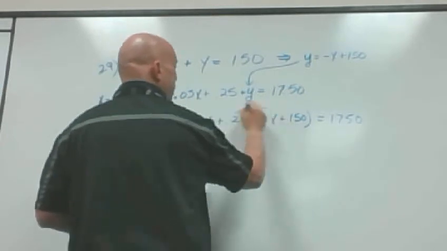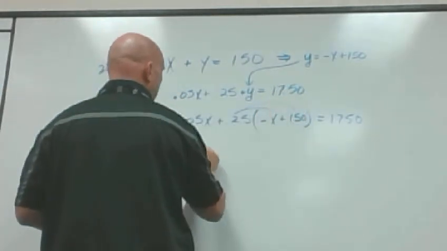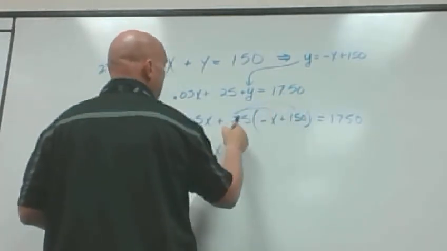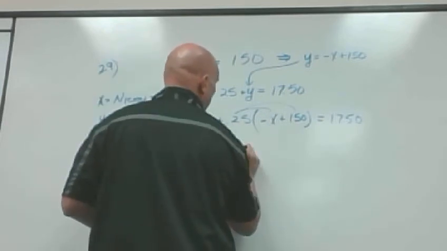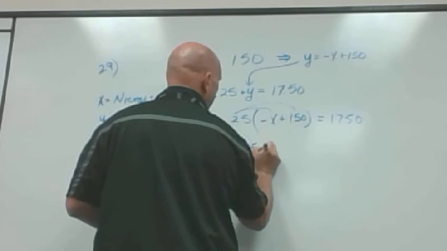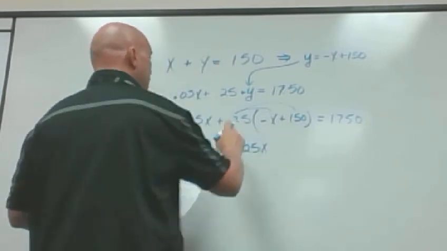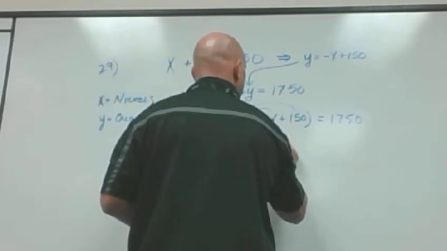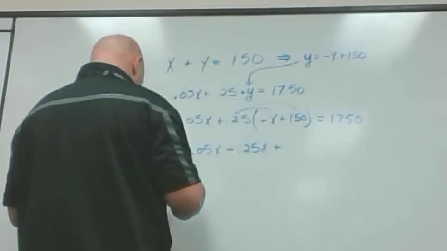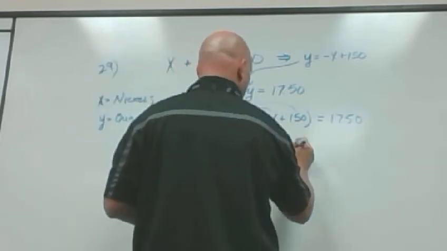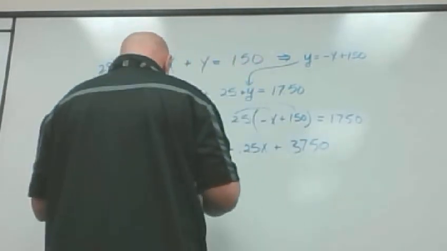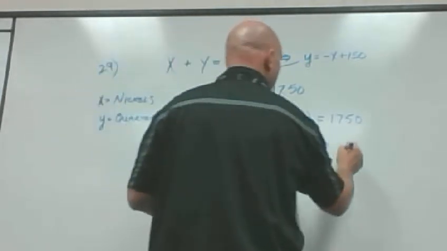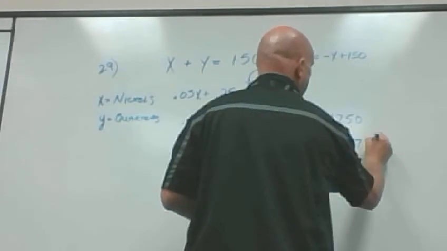So I'm going to distribute, rewrite my terms, 0.05x. That's a 0.25 times a negative x is going to give me a negative 0.25x. 0.25 times 150 is going to give me 37.50. And all of that is equal to $17.50.